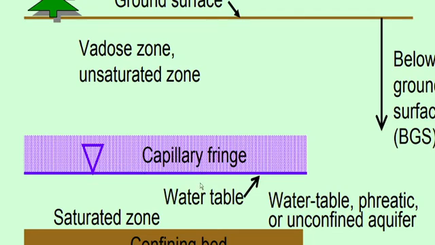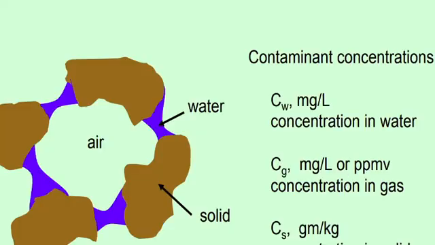And then we have a water table level, and this water table level is phreatic or unconfined aquifer. Then we have a saturated zone which is limited by the confining bed, and then we have a confined aquifer or artesian aquifer. We will be defining it in the coming lectures. So this is a typical volume of soil in an unsaturated zone.